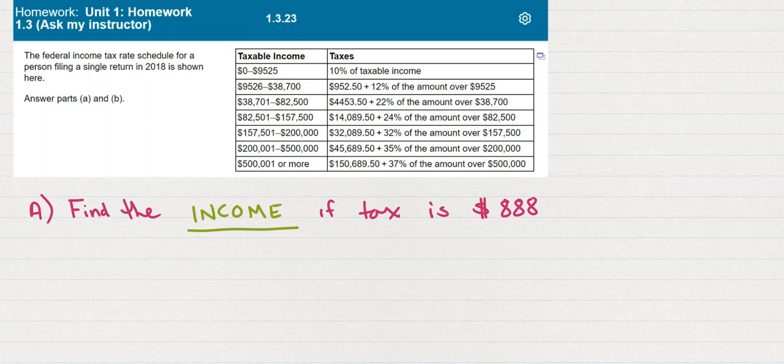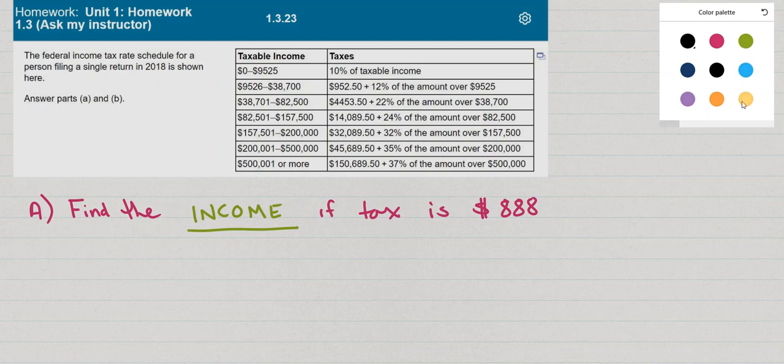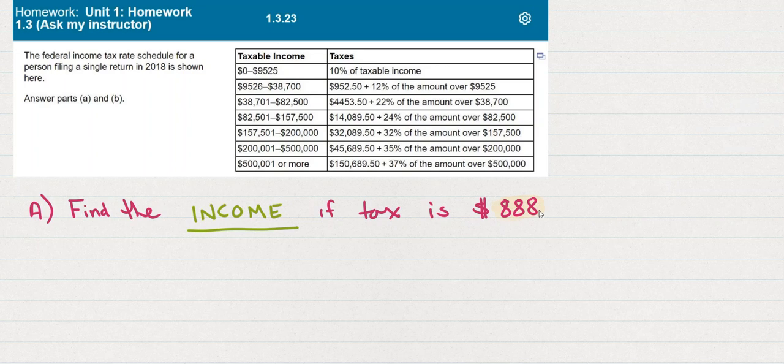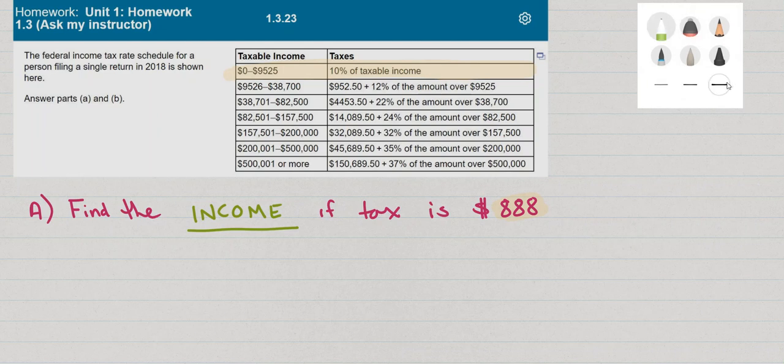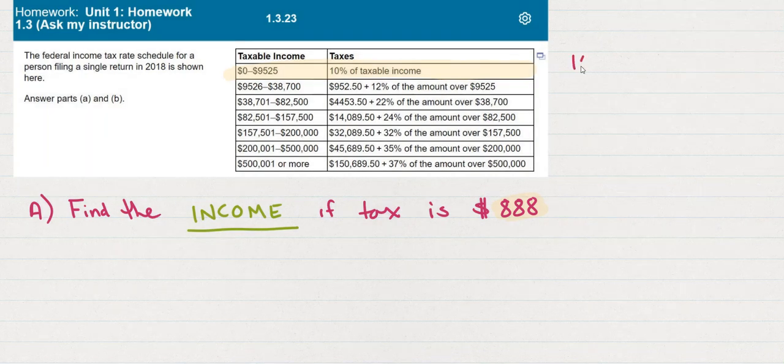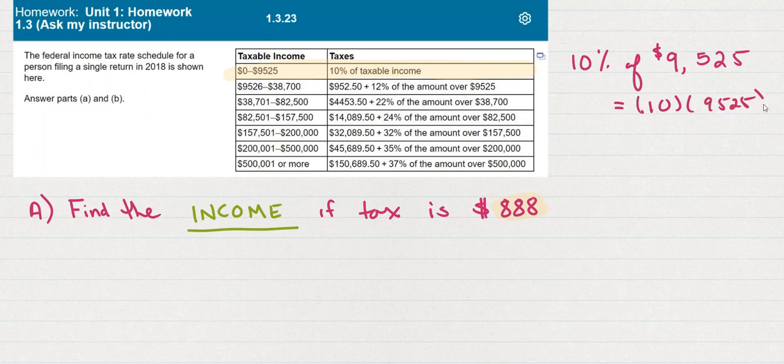So here's how you would read this type of a schedule. We're going to start by determining which of these rows we're going to use. So if the tax is $888, we can see that that's going to fall in this bracket because 10%, let me write this out so that you can understand how I got this. 10% of $9,525, that's 0.10 times 9,525.